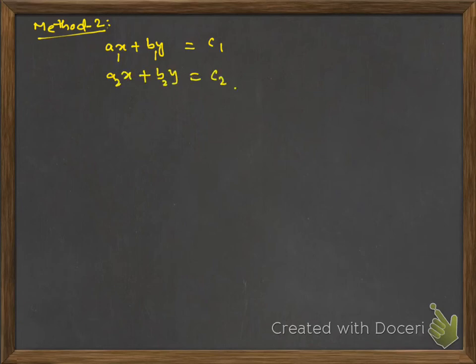Now method 2. In method 2 what we will do is multiply the equations with proper coefficients to simplify. So method 2 is, if you have a1x plus b1y equal to c1 and a2x plus b2y equal to c2. Okay, to get x, multiply with some term which makes the coefficients of y the same. Here the coefficient of y is b2, here the coefficient of y is b1.